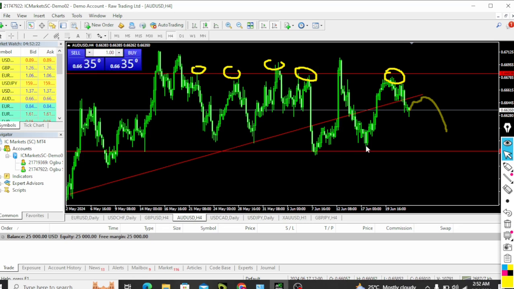So I'm expecting the pair to move down massively, retesting this support area, and that will be nothing less than 90 to hundreds of pips profit. So if you are confident, you should be looking to make good profit on the side of the AUDUSD.